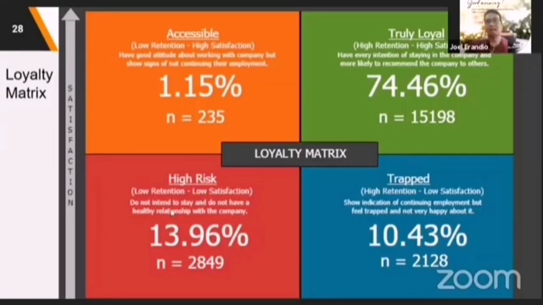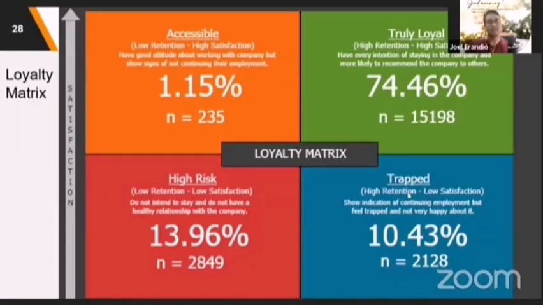Then there is high risk. Usually, these are the individuals who want to leave. Low retention, and at the same time, they are not satisfied at all. While the accessible and the trap quadrants have a different perspective. In accessible, maybe they're not planning to stay that long, but up to date, they're still satisfied.